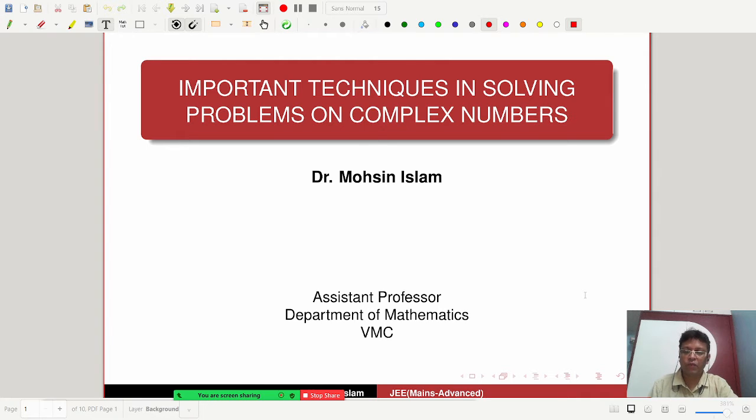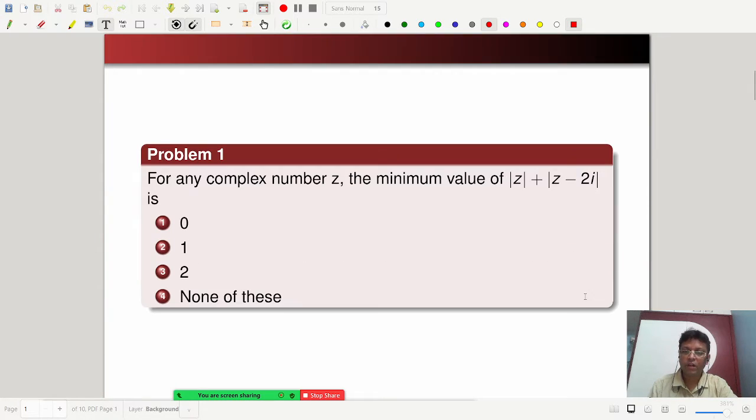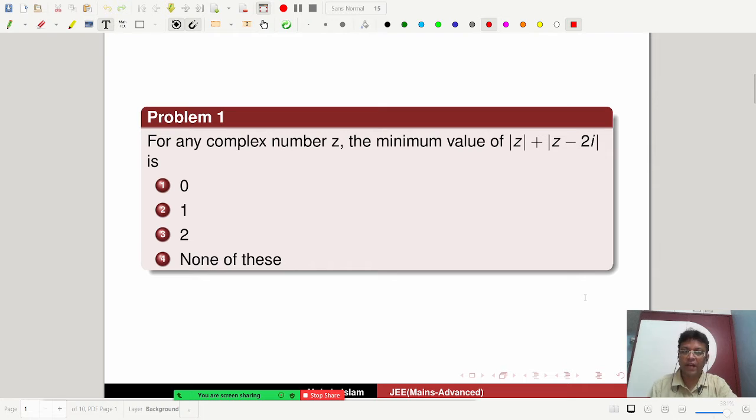So let's start with the problems. First problem: for any complex number z, the minimum value of modulus of z plus modulus of z minus 2i is? So first of all, you have to understand what is mod z and what is modulus of z minus 2i.